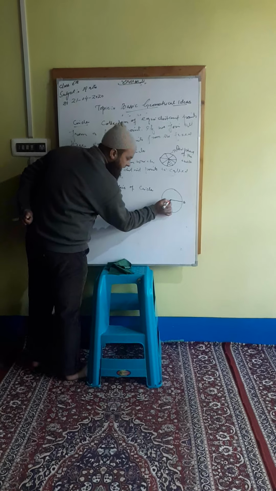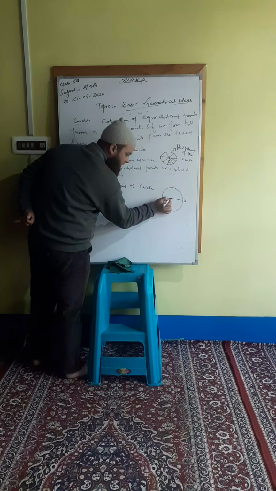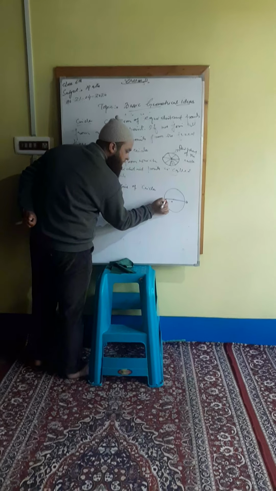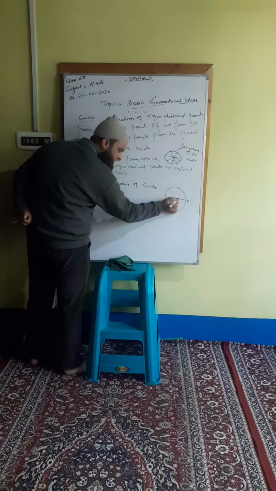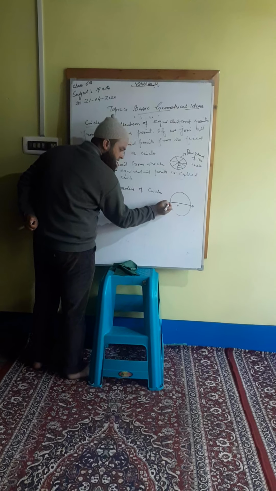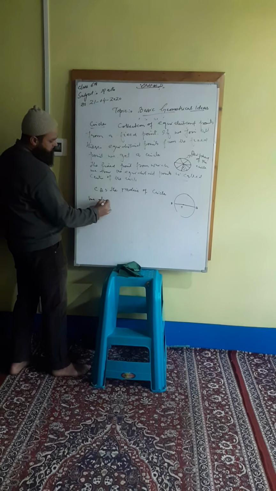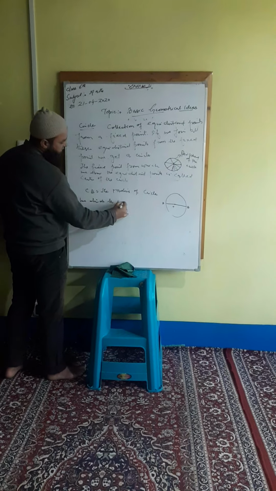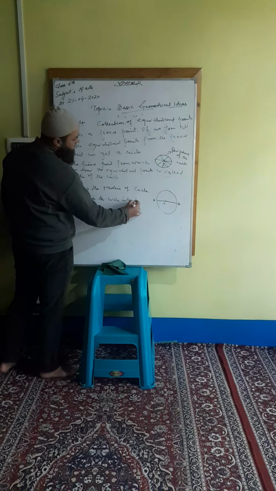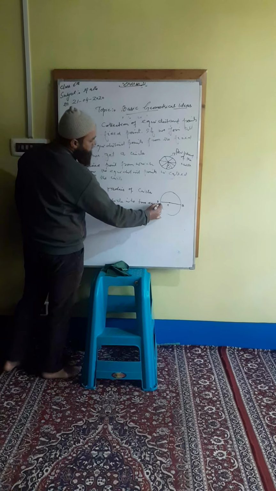What is diameter? If we draw another line from this center in the opposite direction of CB, that is CD, we divide the circle into two equal parts.